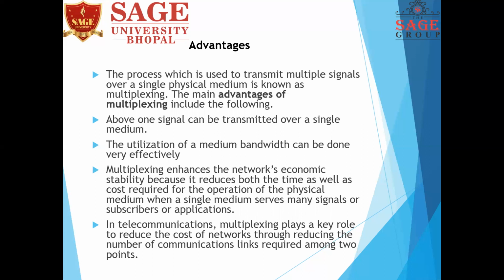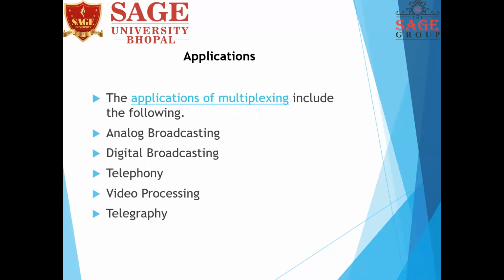In telecommunication, multiplexing plays a key role in reducing the cost of the network, and this is the advantage. The applications are analog broadcasting, digital broadcasting, telephony, video processing, and telegraphy. These applications are very useful in multiplexing.